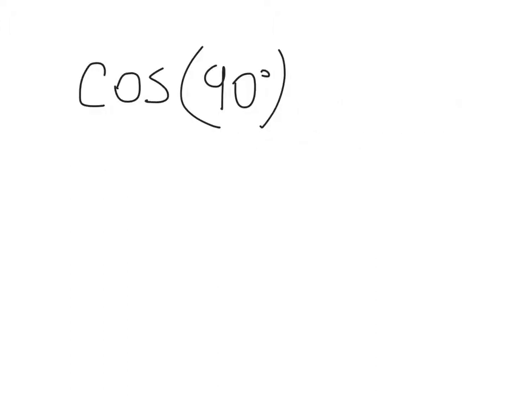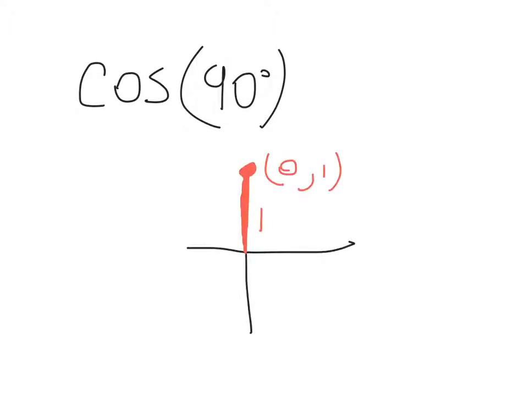Let's find the cosine of 90 degrees. Like we've been doing, let's draw the rotation in the circle. I know that 90 degrees is straight up, the positive y-axis, and since we're in the unit circle, the radius is 1, so the coordinates of this point are 0, 1.